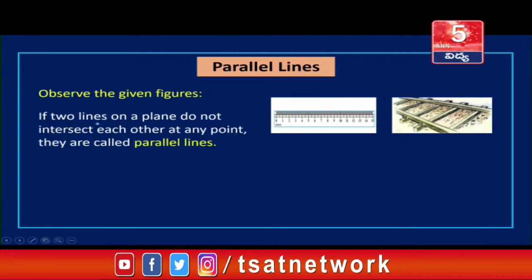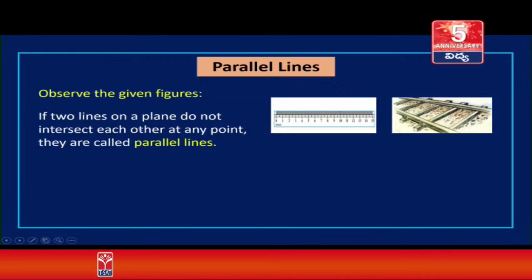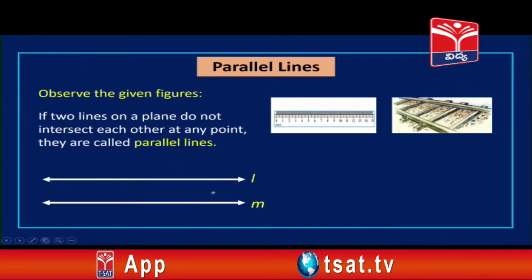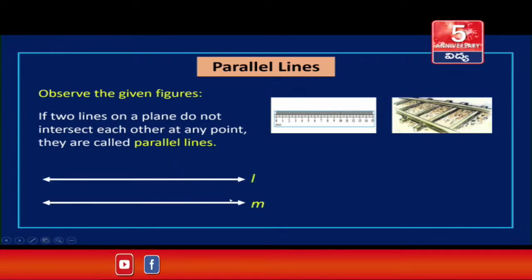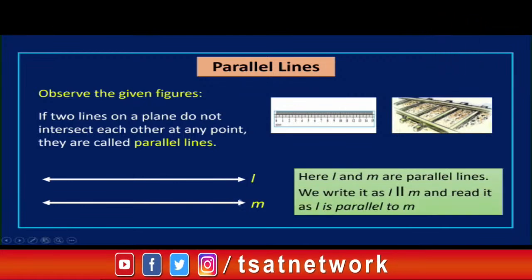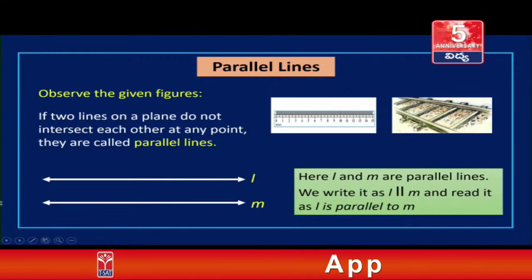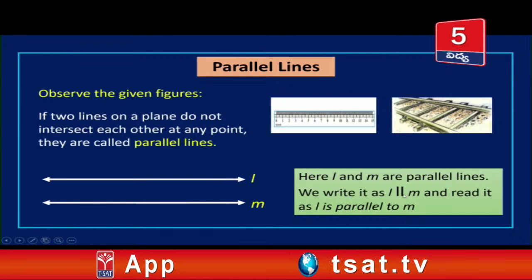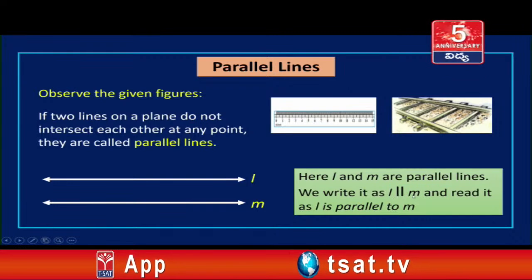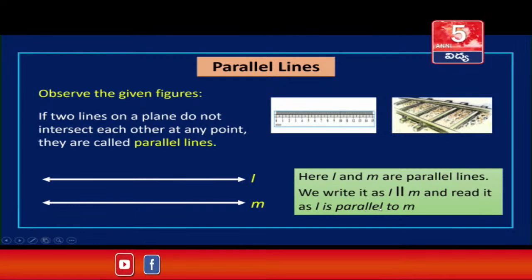Two lines on a plane that do not intersect each other at any point are called parallel lines. Example, L and M are two parallel lines. They are not intersecting anywhere. We write the mathematical symbol L parallel M and read it as L is parallel to M.